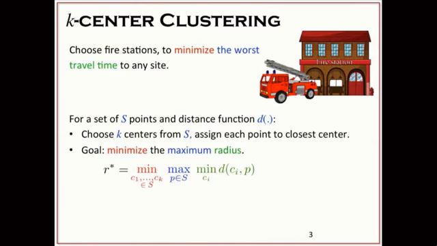Good, so we want to talk about k-center clustering. K-center clustering is motivated by a very simple and natural question: if we want to, as an example, assign k locations in a city to fire stations, how can we do that? And where should we put these fire stations?